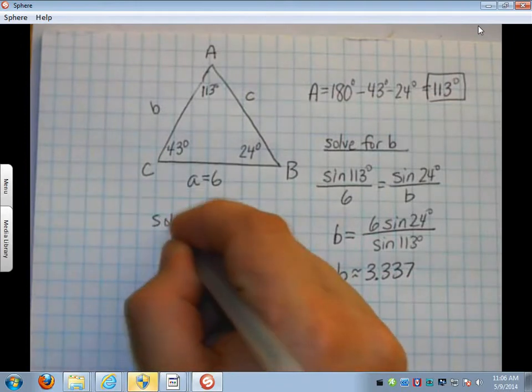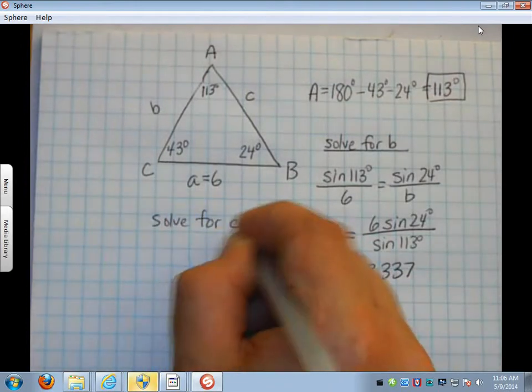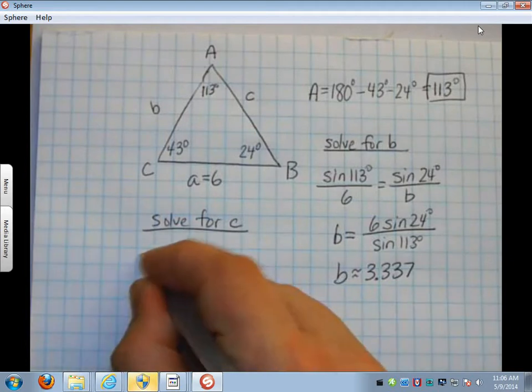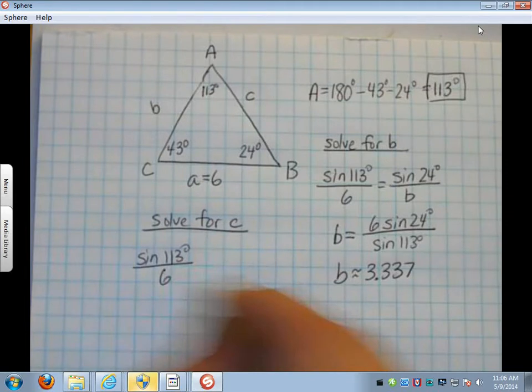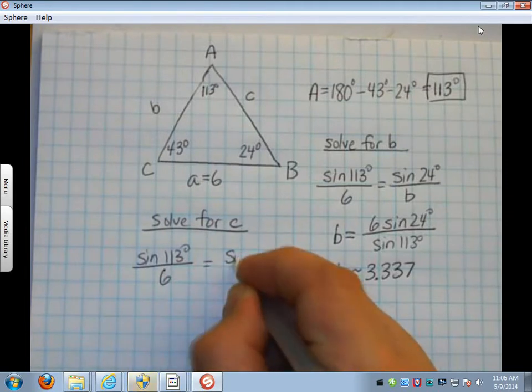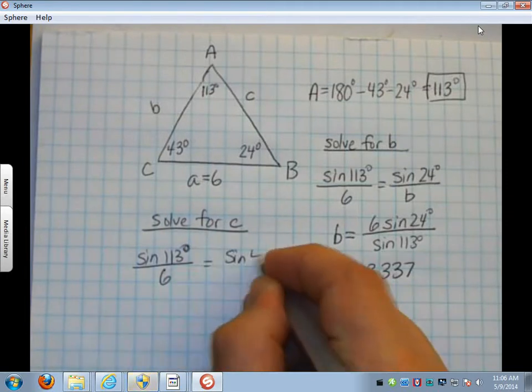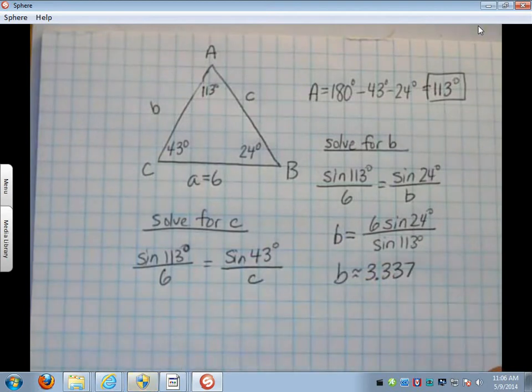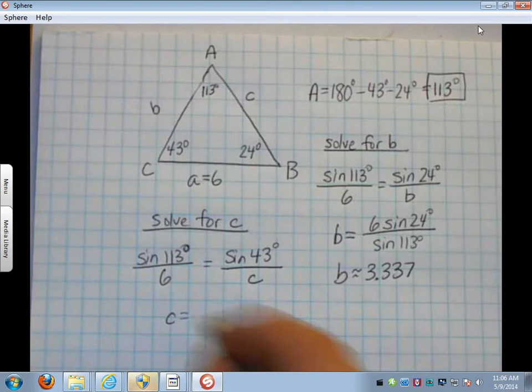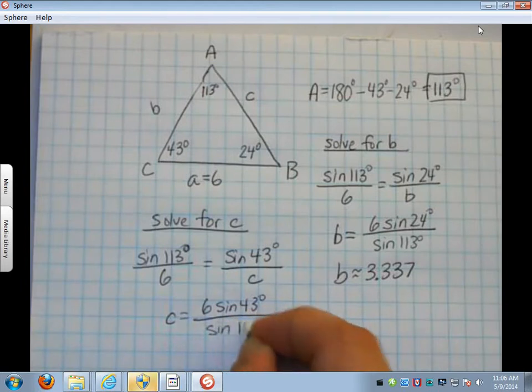And then I'll go ahead and solve for c. So c is equal to 6 times the sine of 43 degrees divided by the sine of 113 degrees.